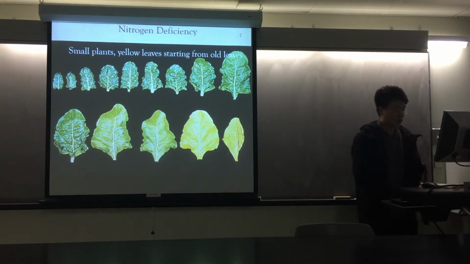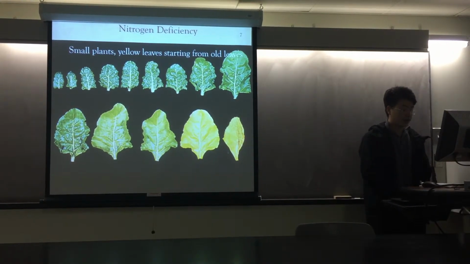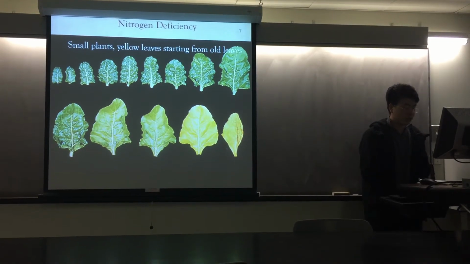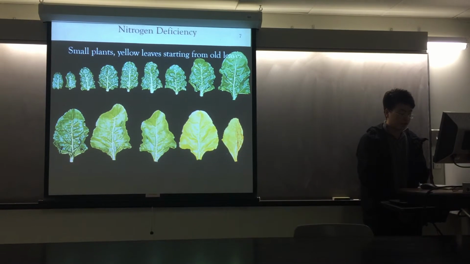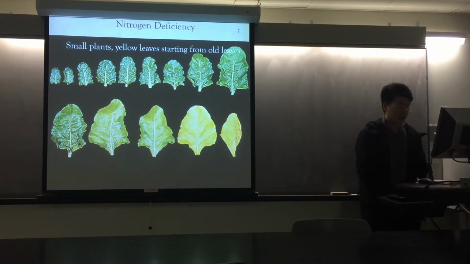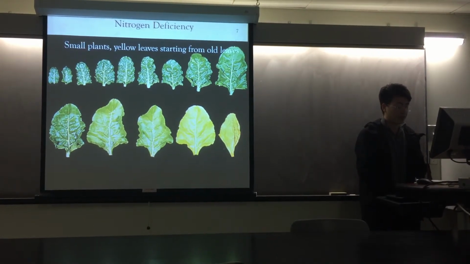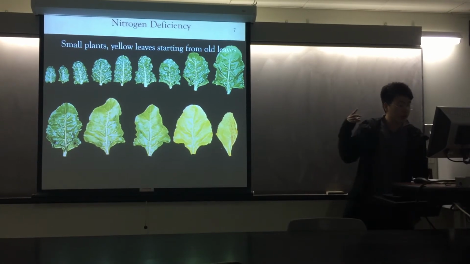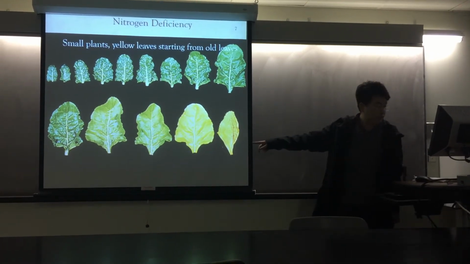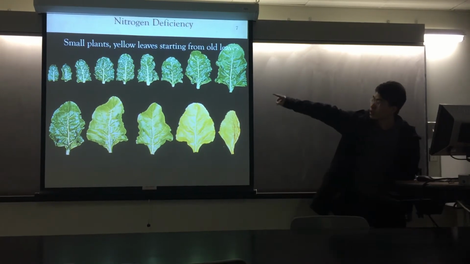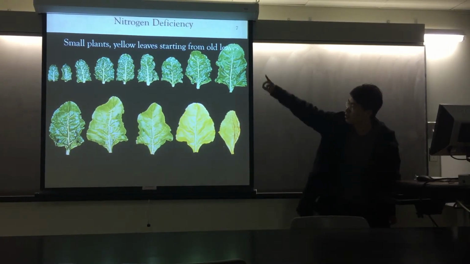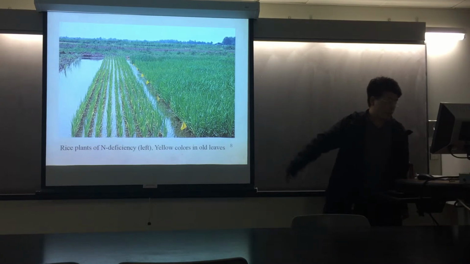Okay, let's move to what happens if plants have nitrogen deficiency. You can see the leaves become yellow. The older ones become yellow first, and then all parts of the plant gradually turn yellow. This is the old part, and this is the young part, and all will gradually turn yellow.